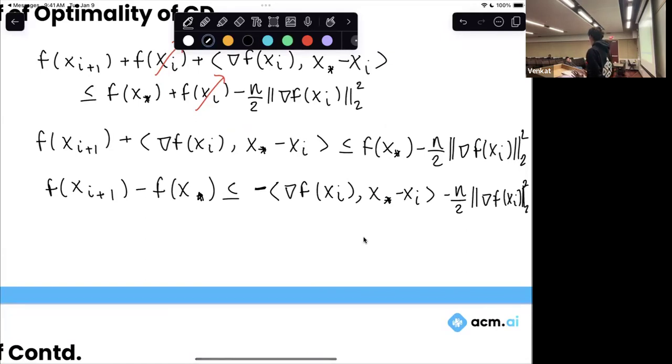Any questions so far with the algebraic manipulation that went on here? We're just going to say the difference between our ith iteration and the optimal solution will be less than or equal to this. So we're saying our difference is within this margin.